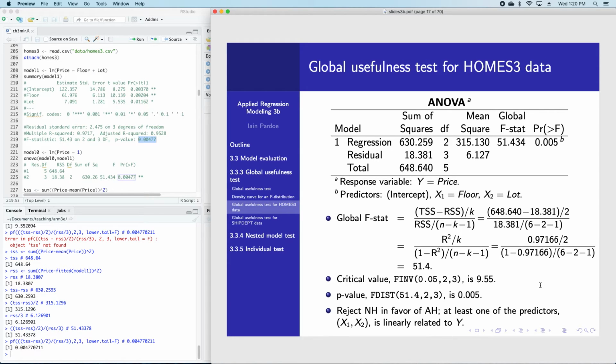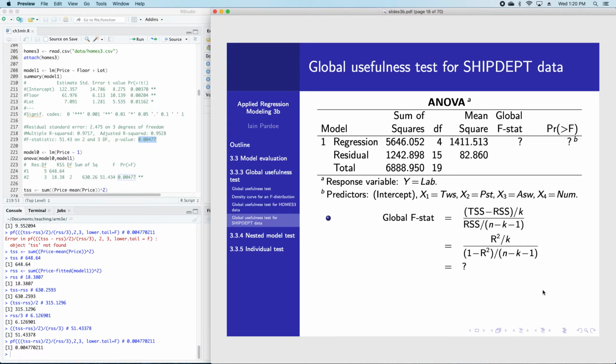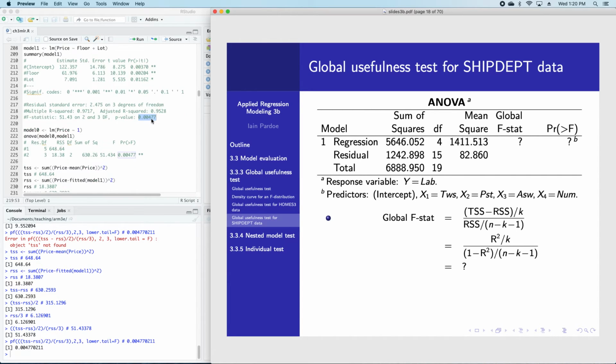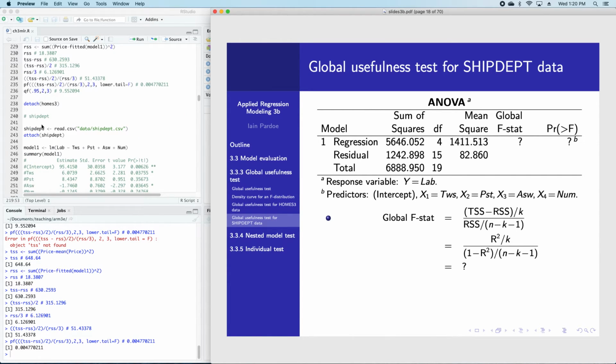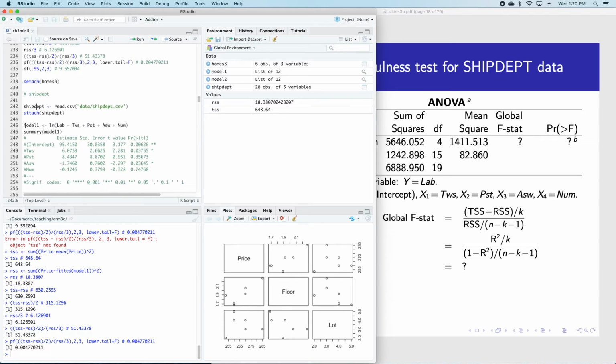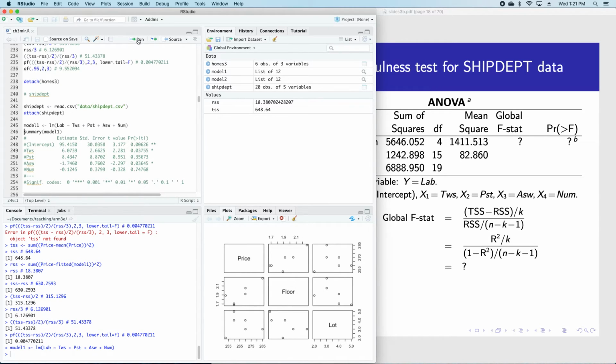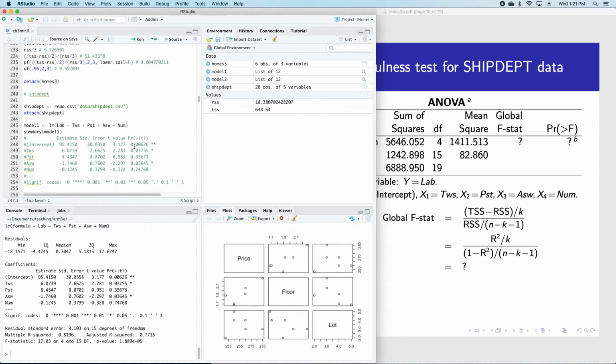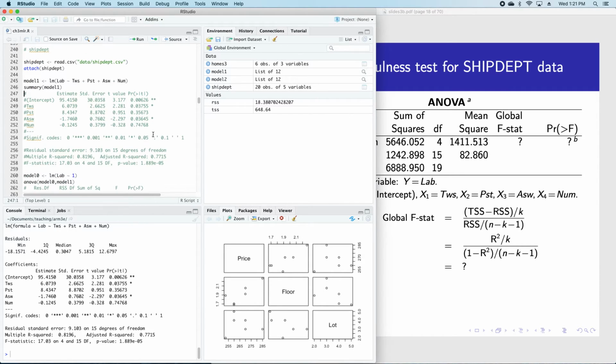Okay, let's finish up with working through the global usefulness test, or the overall F-test for the shipping department data. So let's go back to that. There's our model with all 4 predictors, and here's the output that we need down at the bottom.